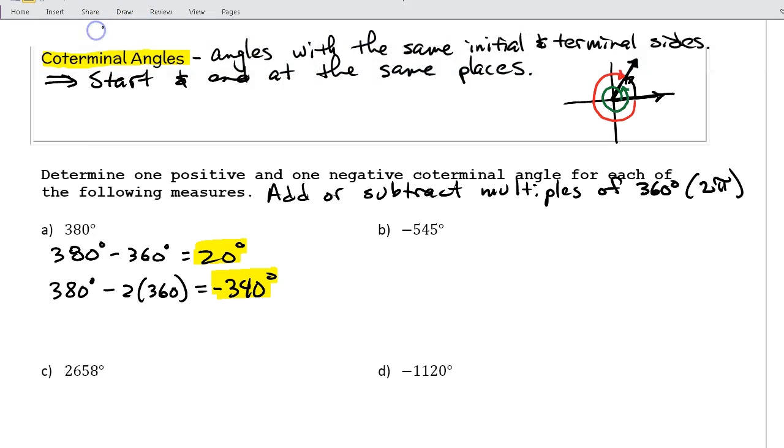So let's go on to the next one. We've got negative 545, and we're trying to get one more negative and one more positive. So let's first start by adding 360 degrees. So that will give us negative 185. Again, if the video is going too quickly or you need to rewind something, feel free to do that.